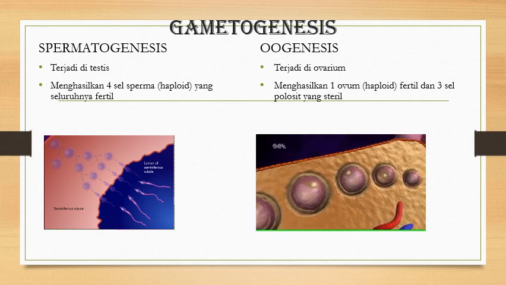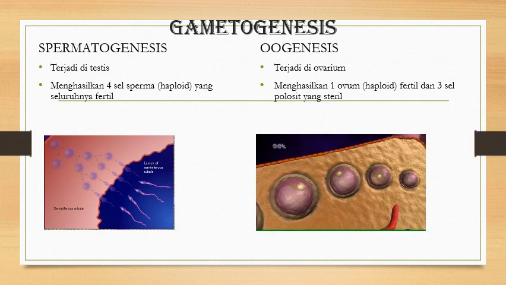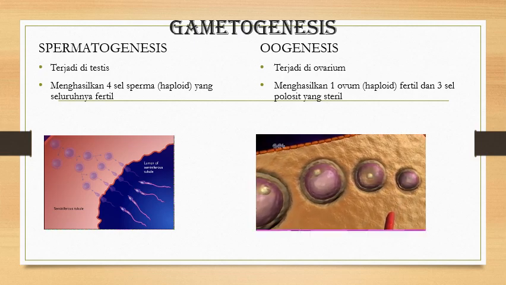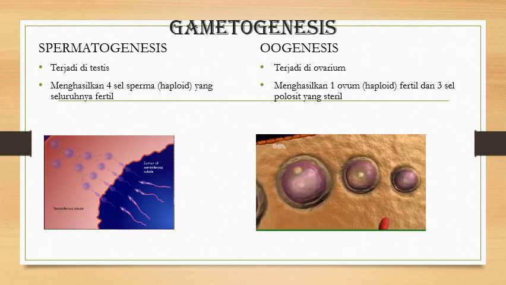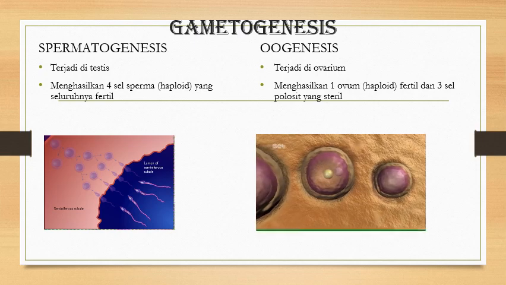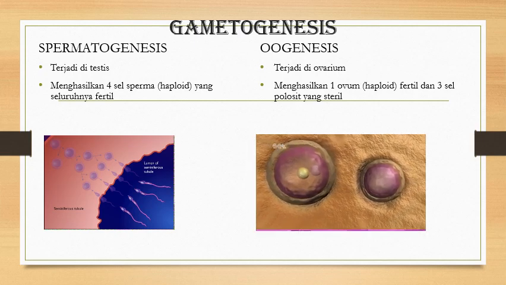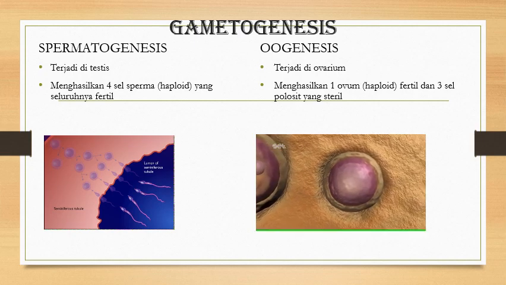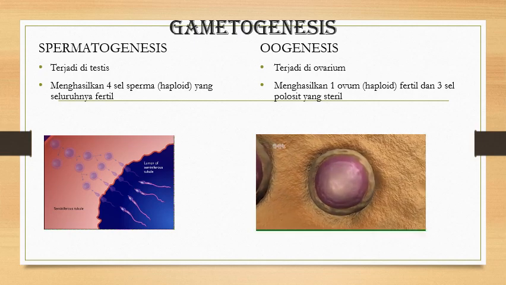The eggs are formed from the 2N parent cell found in the ovaries of the reproductive system. These cells are called oogonium. The eggs begin development from the 3rd month when the female is still in the uterus of its mother and continues until it reaches a certain age.